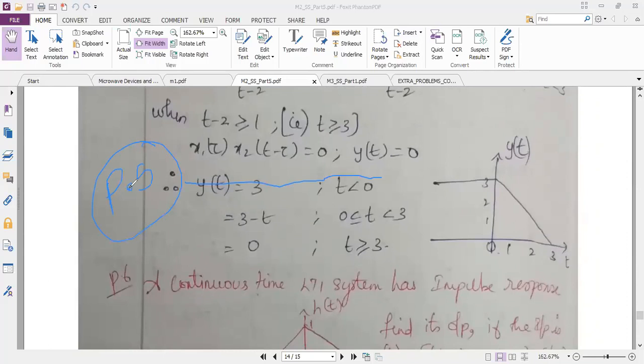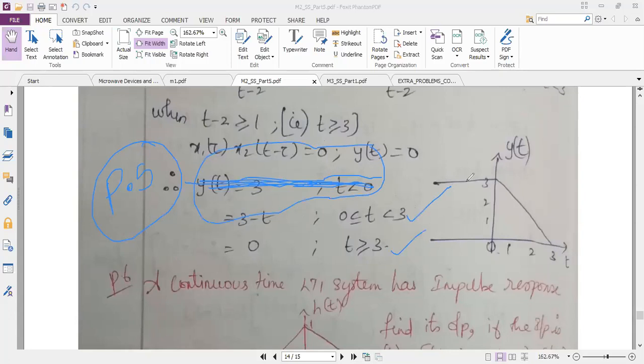As per my notes, it is P5. I have referred books and analyzed properly, such that my first answer I won't get y of t equal to 3. I will get the output 3 minus t, and when t is greater than or equal to 3, the output is 0.